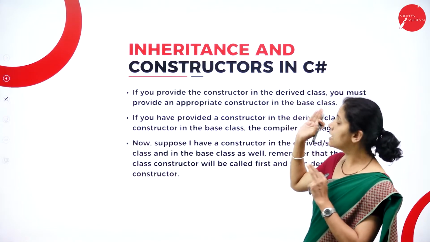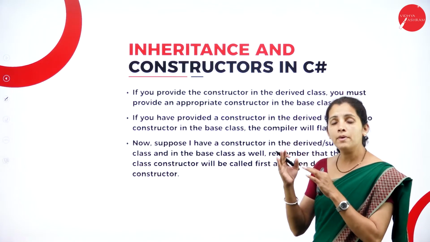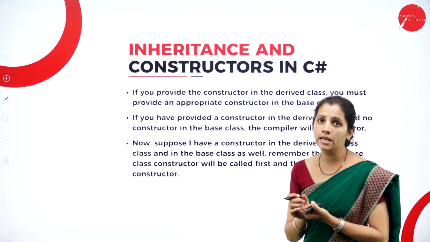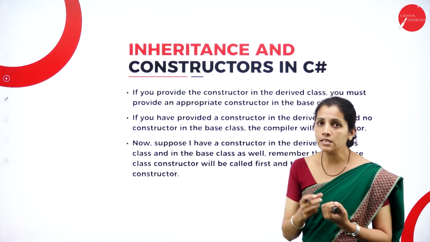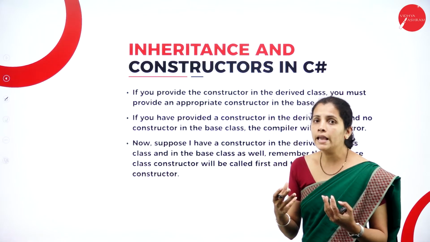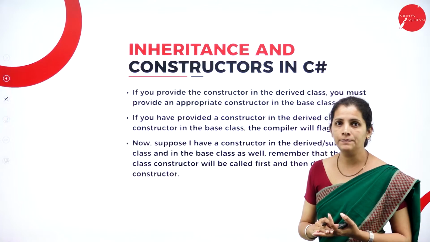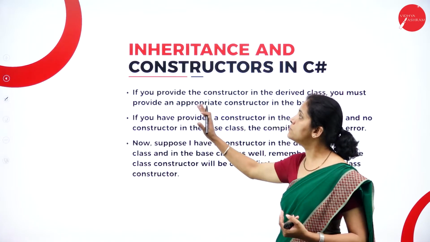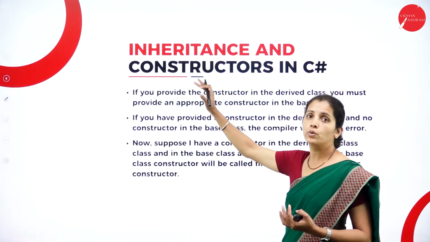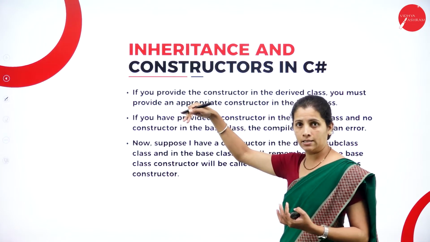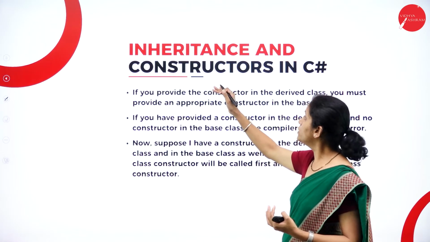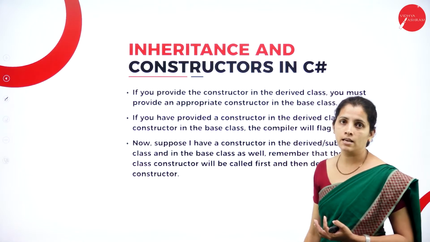And if I consider constructor, the name of the constructor must be same as the class name. Then how can I link inheritance as well as constructor? So dear student, first what I want to do, I want to write the inheritance. In that, I'm going to implement constructor.